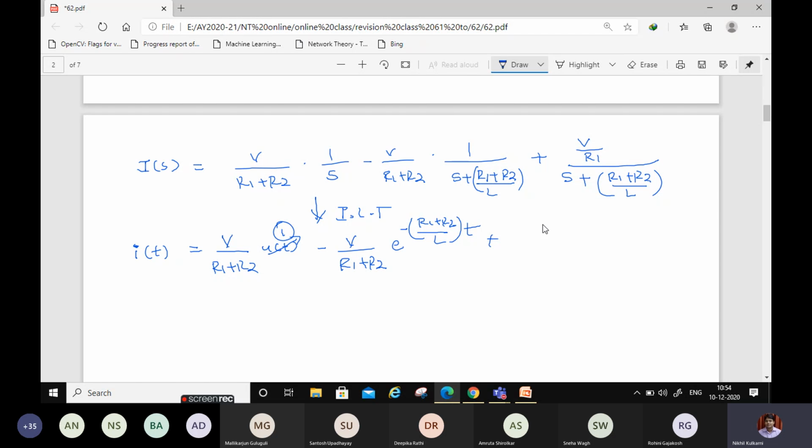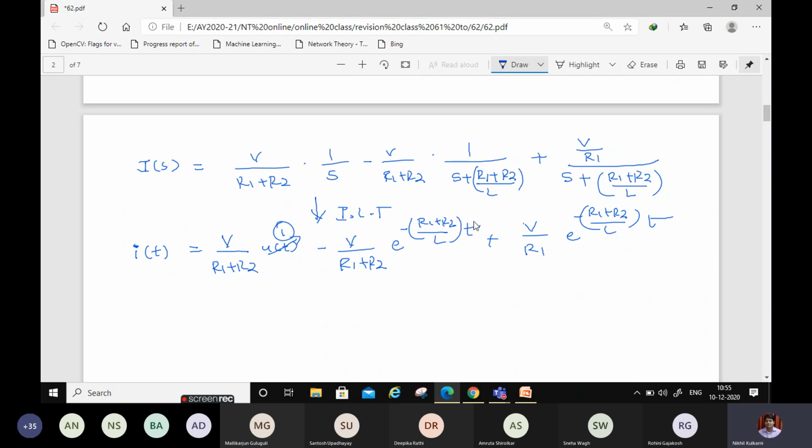Similarly here, v divided by r1 will be e to the power minus r1 divided by L into t. So in the assignment I have given you the values, you have to put those values there. That's all.